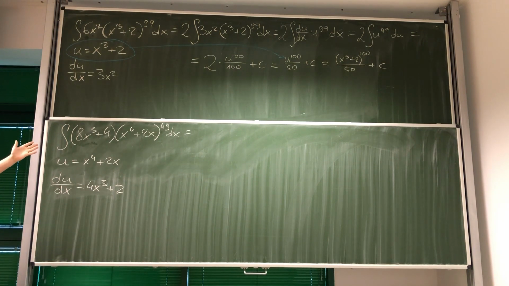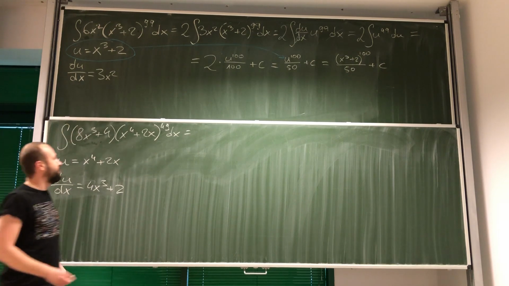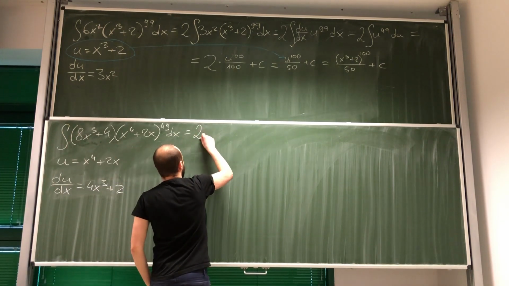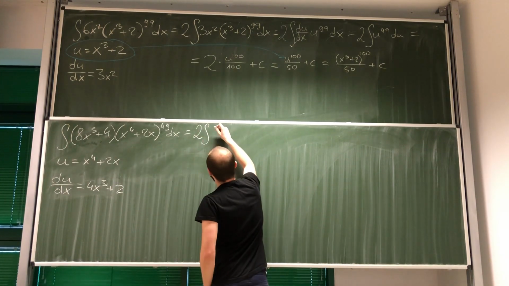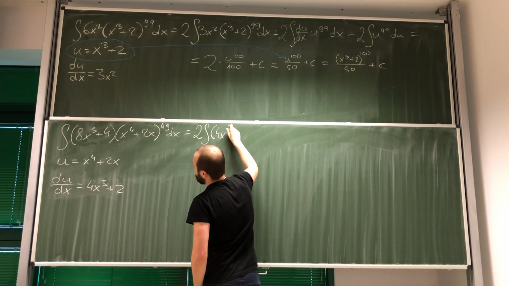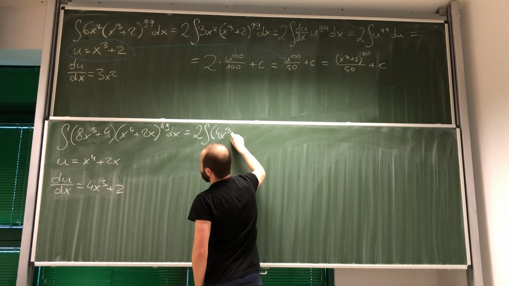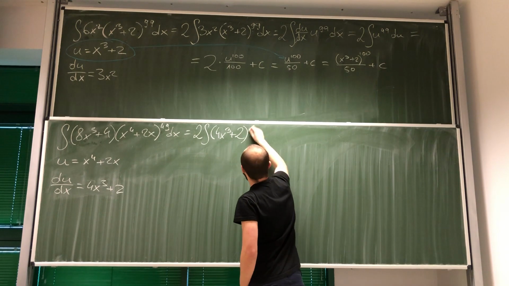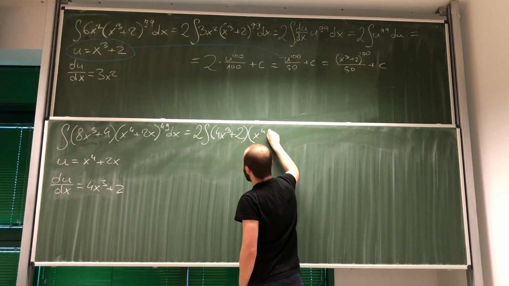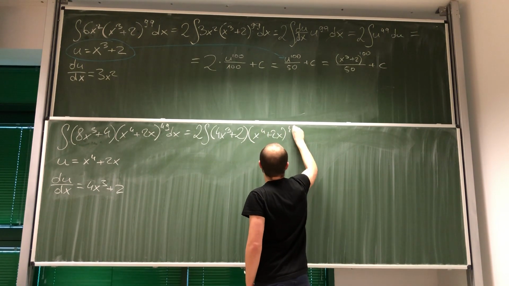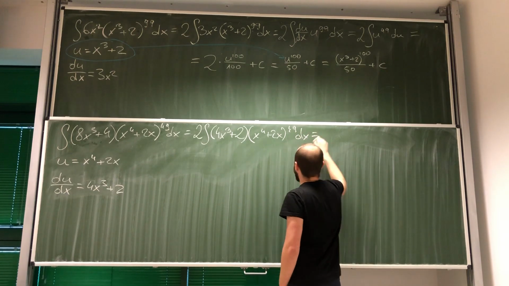Again, the trick is very simple. I just need to take 2 out of this entire parenthesis. So I'm getting that this is 2 times 4x cubed plus 2 times x to the power of 4 plus 2x to the power of 49 dx.